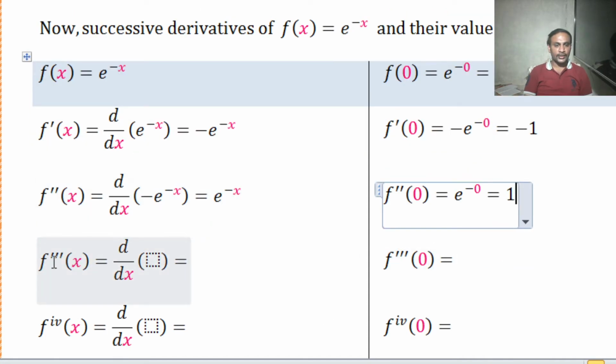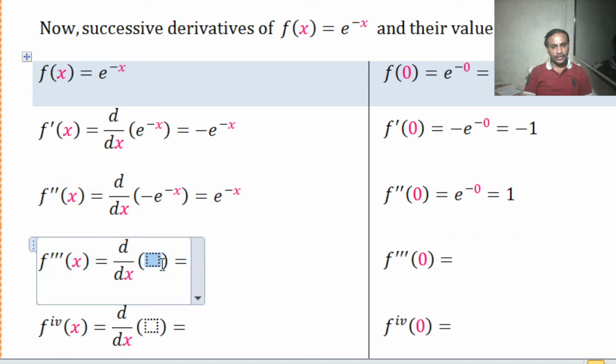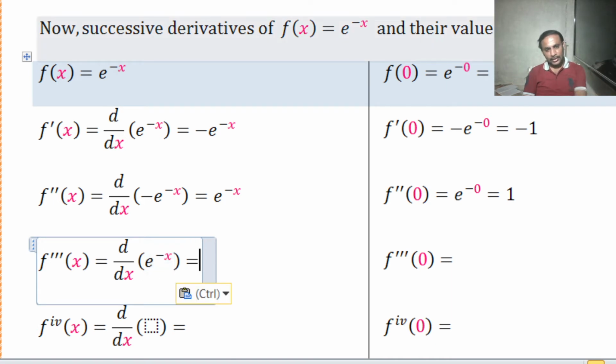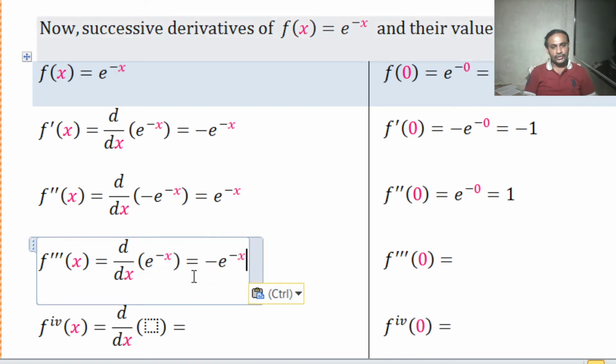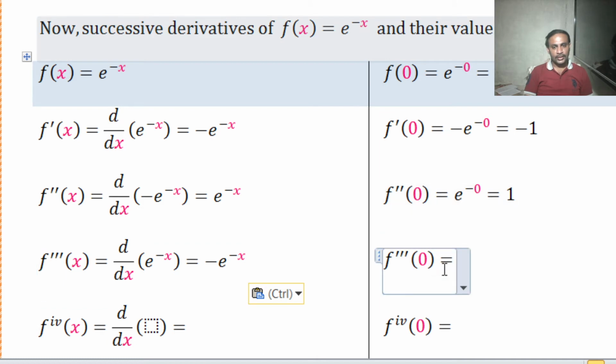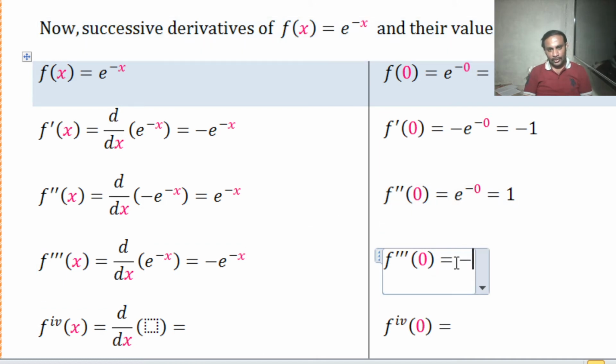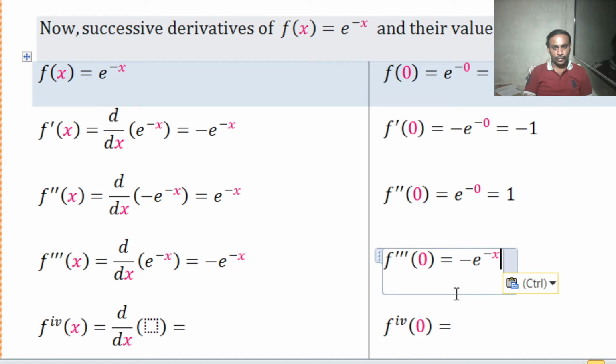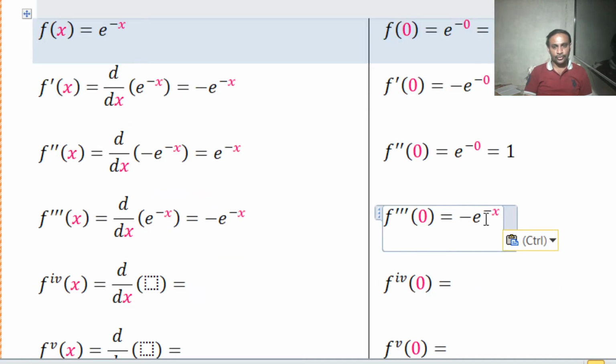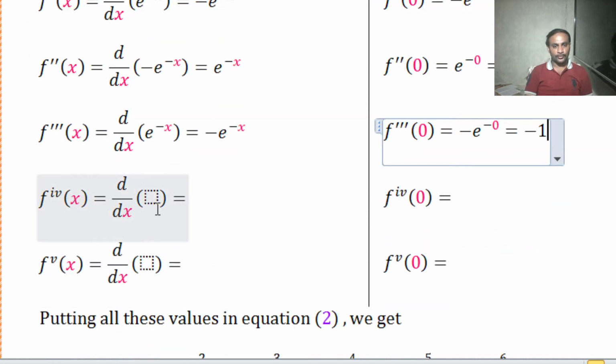Now to find f triple dash we have to take the derivative of f double dash, but f double dash is e raised to minus x and its derivative is minus of e raised to minus x. Putting x equal to 0, we get f triple dash of 0, which after simplification is minus of 1.